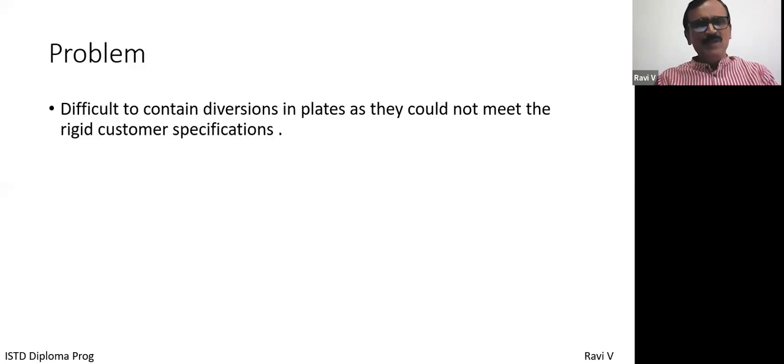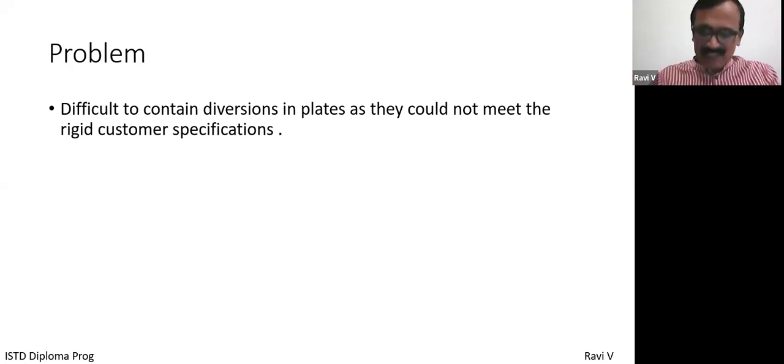The problem is that when the plates are rolled, it is difficult to contain the deviations. A slab is rolled into a plate. Though most of the slabs are the same dimensions, depending on the way it is brought from the slab plant and stored in the yards and then brought here, though we have the same quality of slab, the lengths could vary.